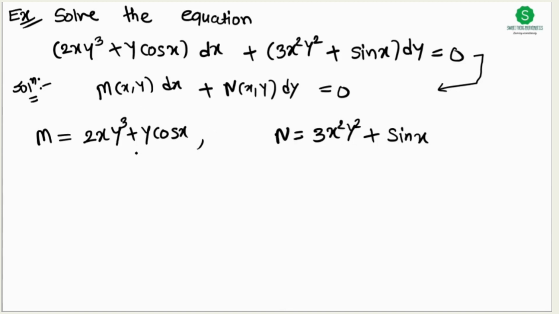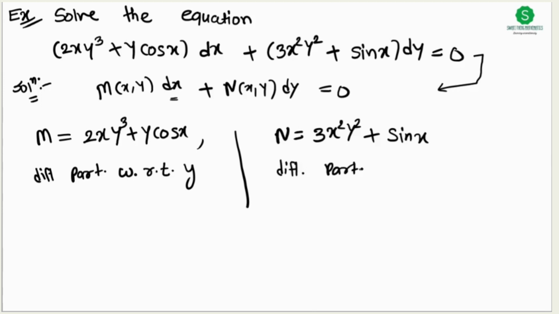Now to test whether our given differential equation is exact or not, we have to differentiate this M and N partially. Here M is the coefficient of dx, so we differentiate M partially with respect to y, and we differentiate N partially with respect to x.